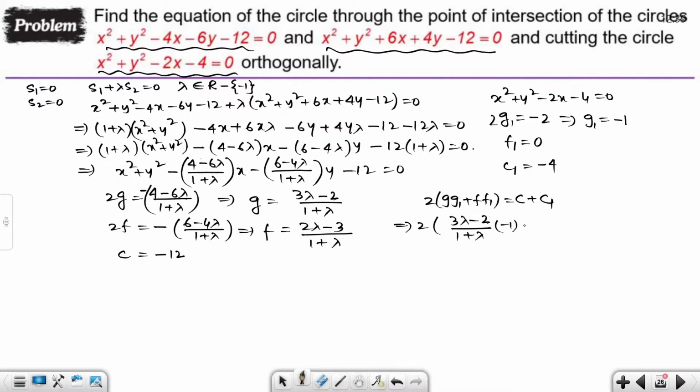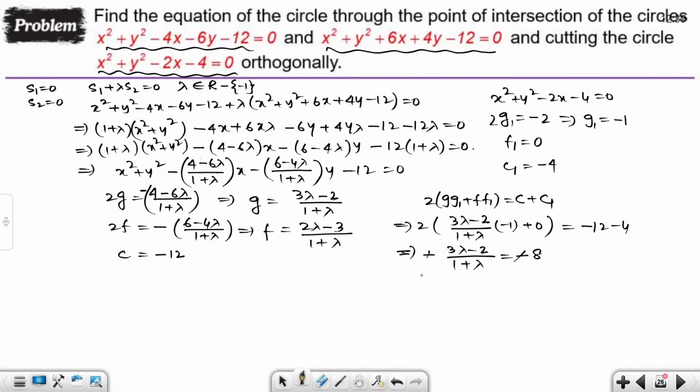As f1 is 0, so this part becomes 0, which is equals to minus 12 minus 4. So from here we are getting minus 3 lambda minus 2 by 1 plus lambda equals to minus 8. Is it clear? Actually, it is coming minus 16 and then divided by 2 gives us minus 8.